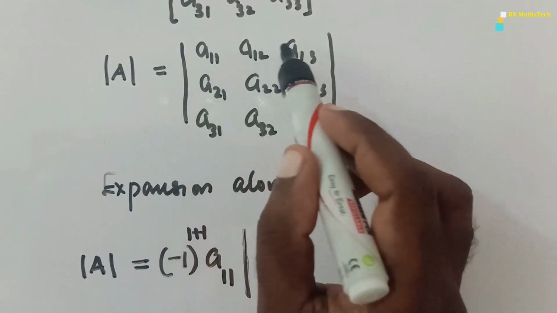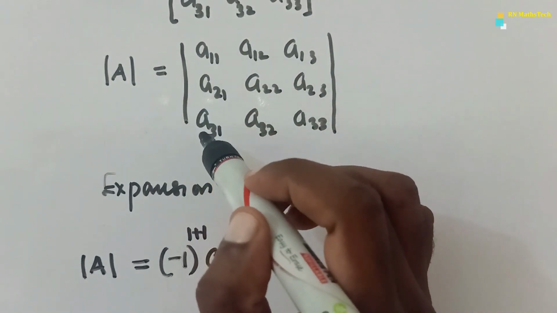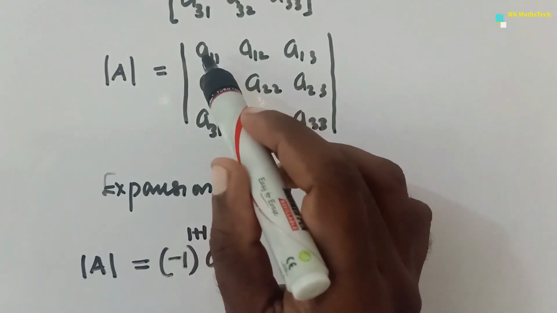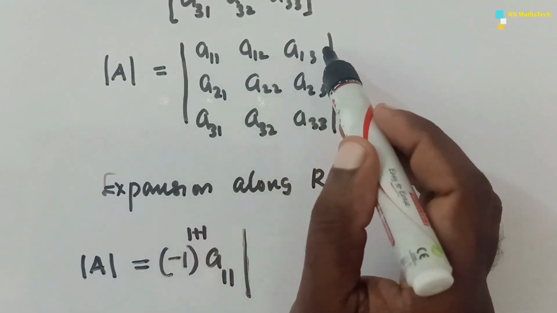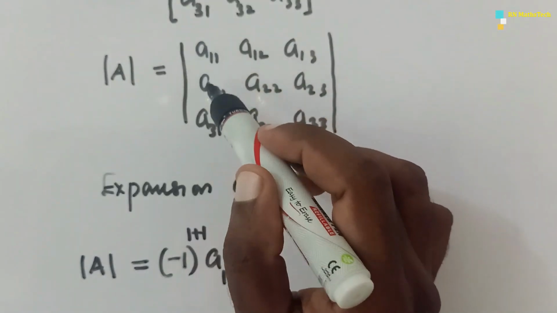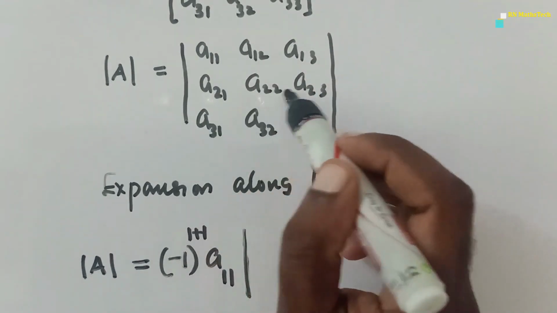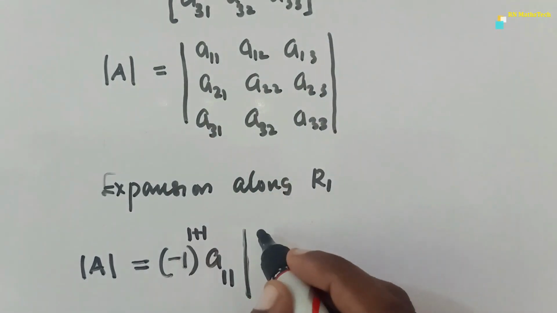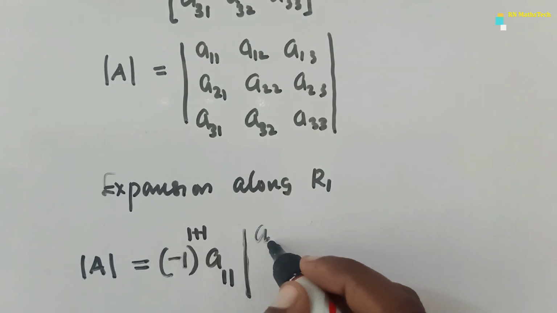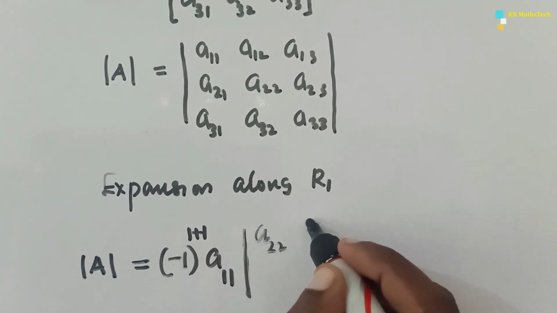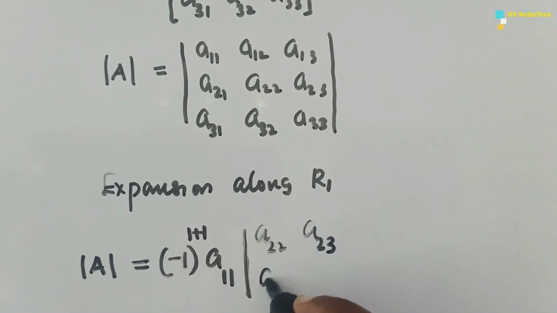The row containing A11 is the first row and the column containing A11 is the first column. So delete the first row and first column, and we have these four elements. We can write the value of that determinant as A22, A23, A32, A33.